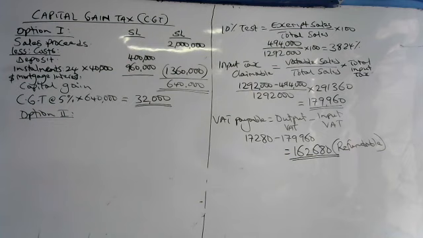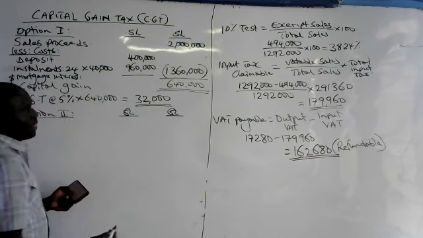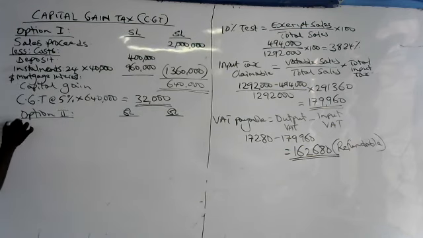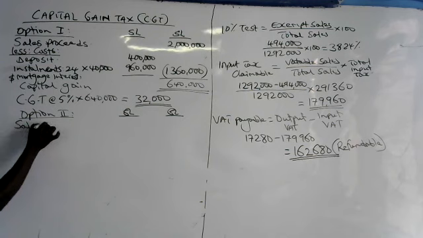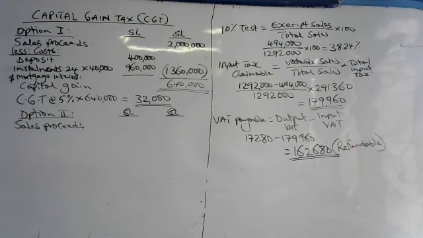Option 2, the same approach. We have sales proceeds. Under option 2, we receive how much after selling it? 2,680, right?